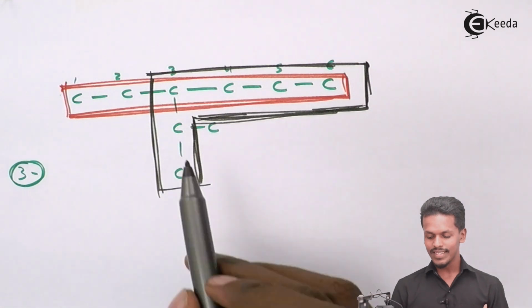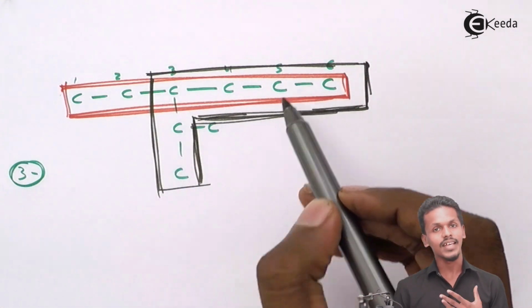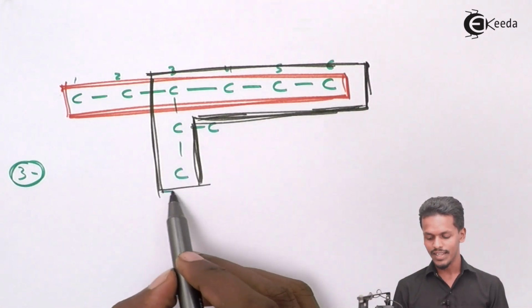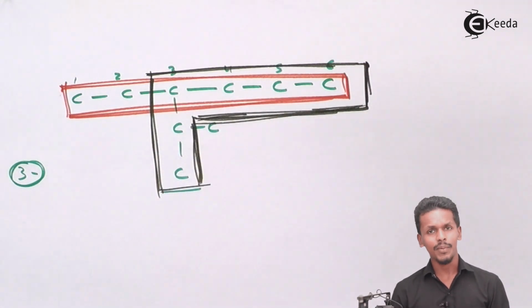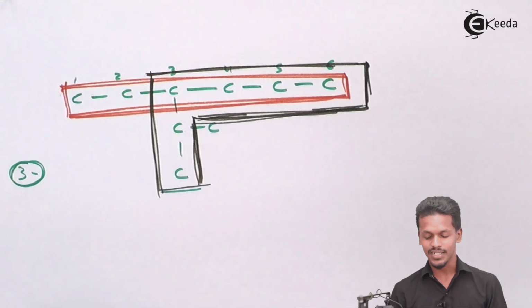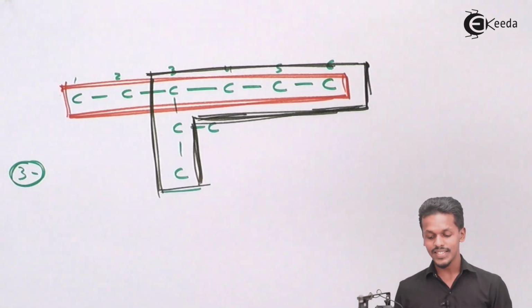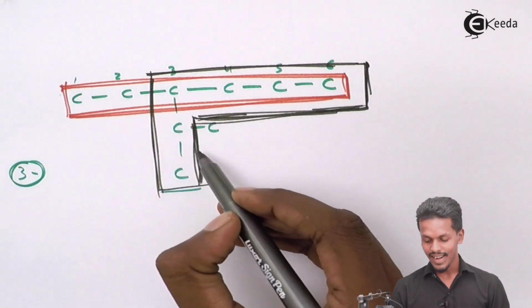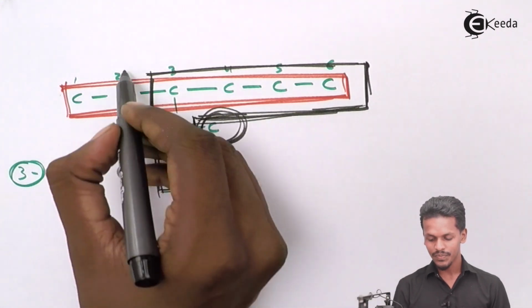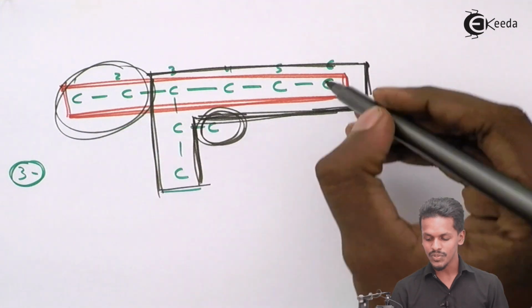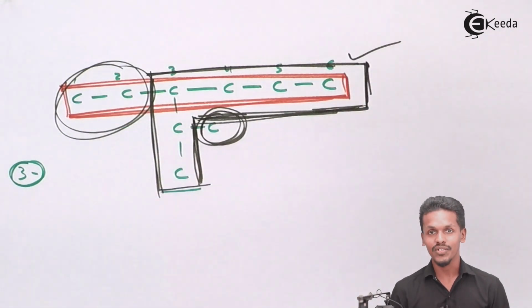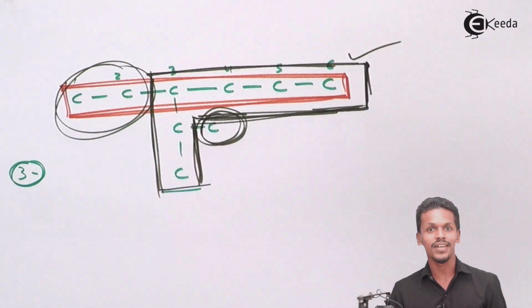While in the black one, there are again 6 carbon atoms, and the substituents are 1 and here it is 2. So there are 2 substituents. That's the reason we have to choose the black as the longest chain.